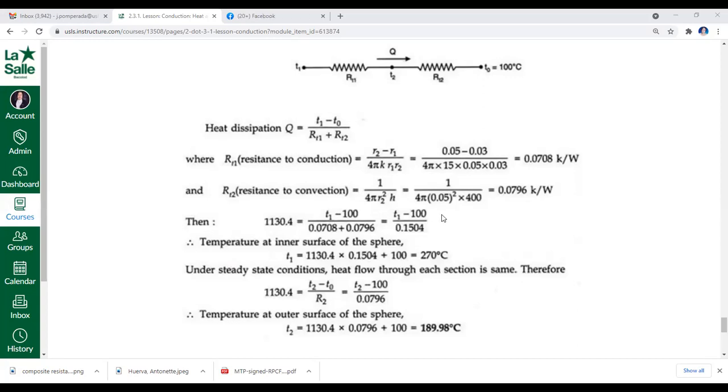The problem itself will give you the heat transfer coefficient. If it does not, there's a table in your Perry's chemical engineers' handbook that gives you the heat transfer coefficients of fluids. And that would be the h that you will use in this formula here. But we'll go there when we're done with this topic. So any question in here?